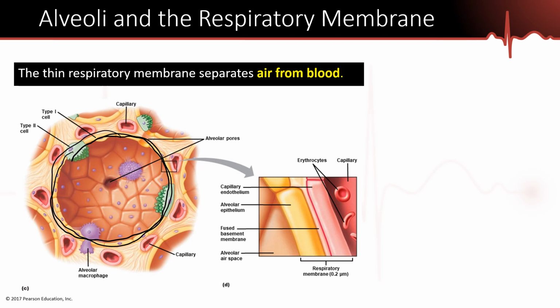Really, alveoli, the sacs, are just made up of simple squamous epithelium. They're really just a layer of simple squamous. You know how blood vessels are lined by the tunica intima, which is just a layer of simple squamous epithelium that we call the endothelium? Alveoli, these sacs, are really kind of the same thing. They don't have a tunica media, meaning they don't have smooth muscle that surrounds them.